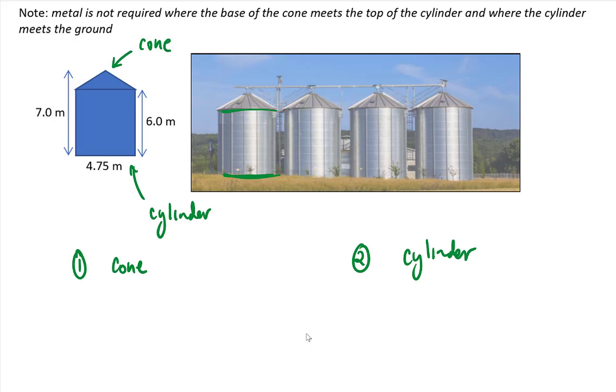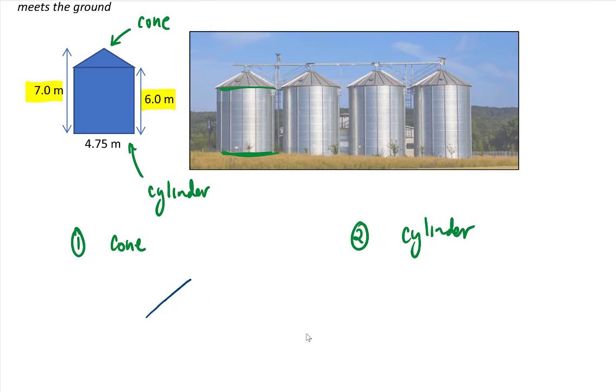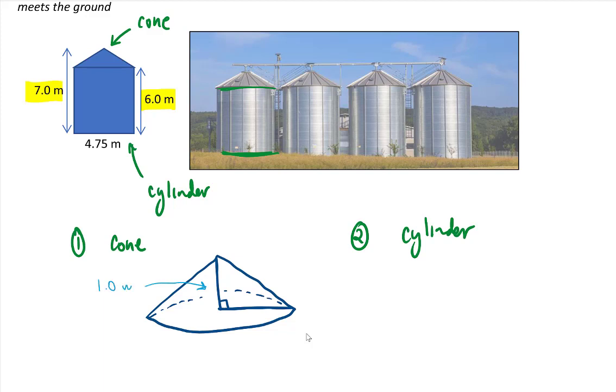So let's start with the cone. First we're focused on the cone. Here's a big picture of it. But we're going to need the height of the cone as well as the radius of this cone. First of all, we can see the height from above: since the total height is 7 and the height of the cylinder is 6, this is 1.0 meters.